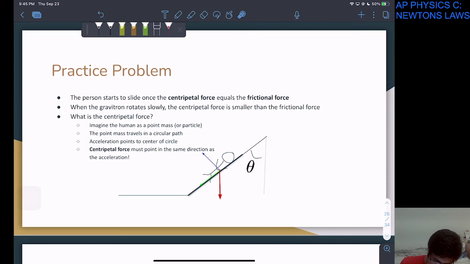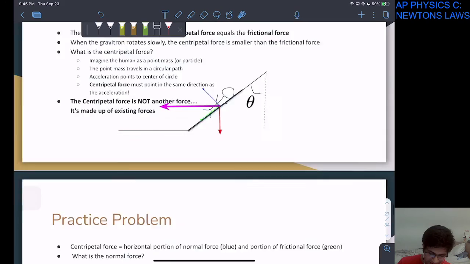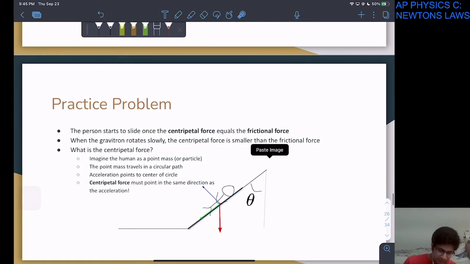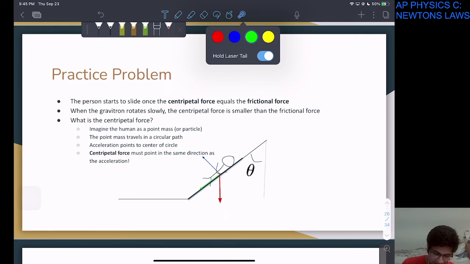Okay, so just to conceptualize this a little more, the next slide is going to start to bring out the math. When the person starts to slide up, the centripetal force is equal to the frictional force. The centripetal force is going this way, and the frictional force, a certain component of it, is the true barrier in this question of motion.